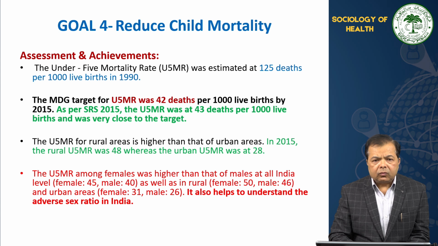The Millennium Development Goal target for under 5 mortality rate was 42 deaths per 1,000 live births by 2015, because we need to talk about one third of that. As per the SRS 2015 report, the under 5 mortality rate was 43 deaths per 1,000 live births and was very close to the target.